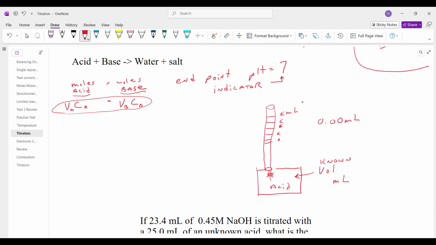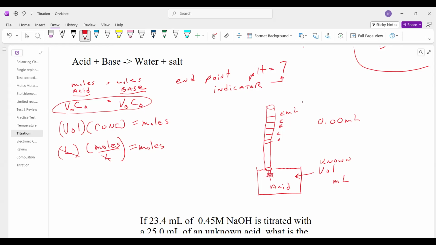Now remember that volume times concentration equals moles. Volume is in liters, concentration is in moles per liter. And when those are multiplied together, the liters cancel, giving you moles. So we're going to use this relationship to determine H's and OH's.